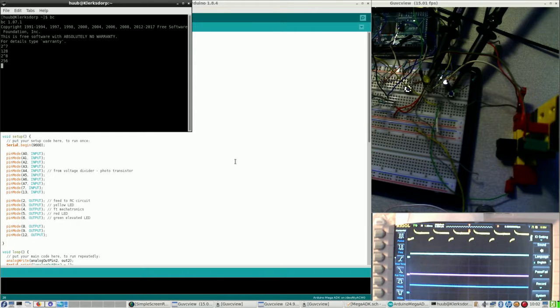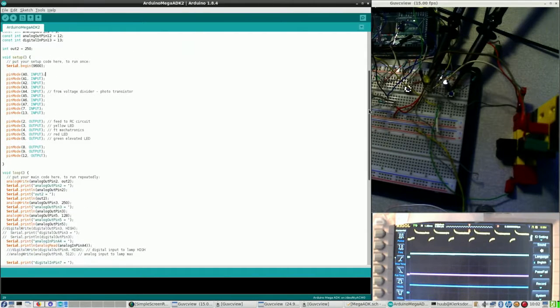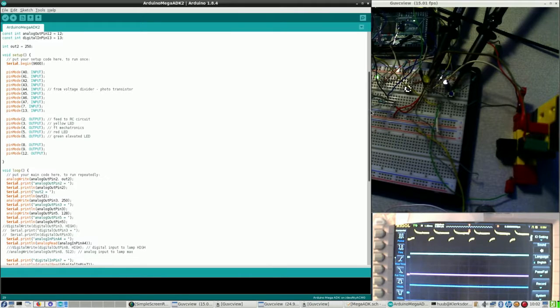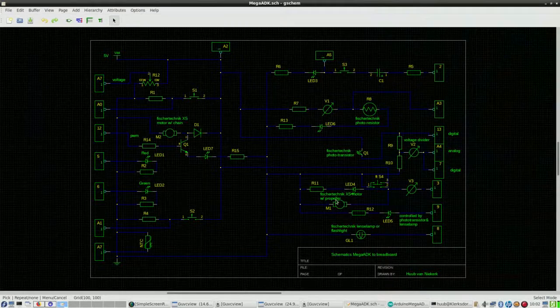So the question is, how is pin 6 being addressed? Green elevated LED, it says. Well, so it is then, but is that correct? Pin 6 right here seems to be correct. Yeah.